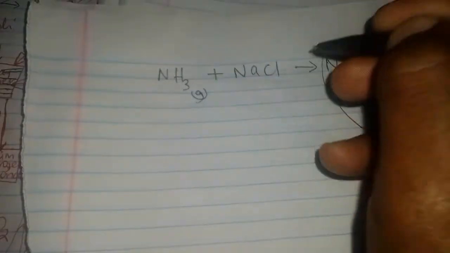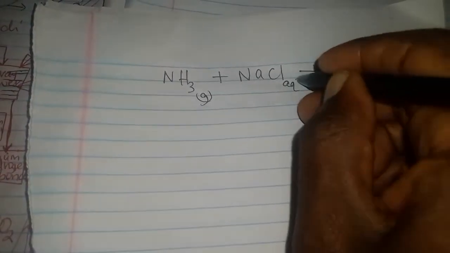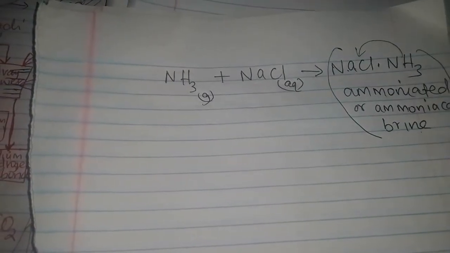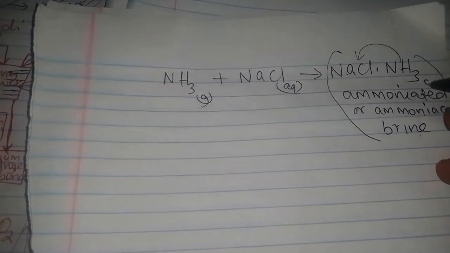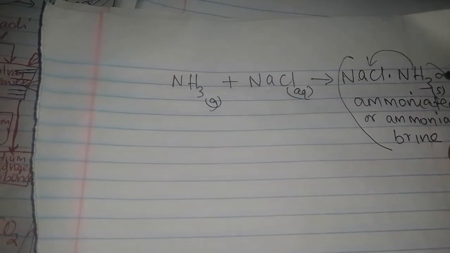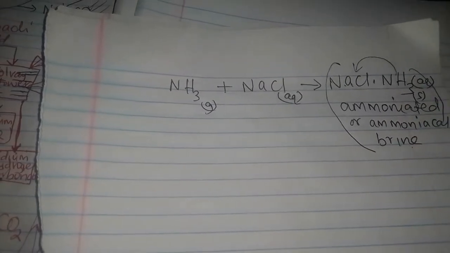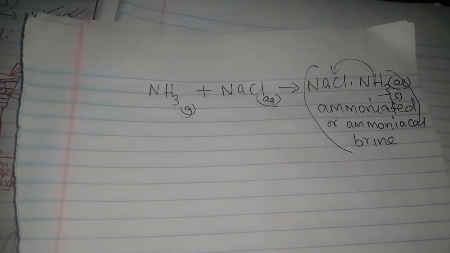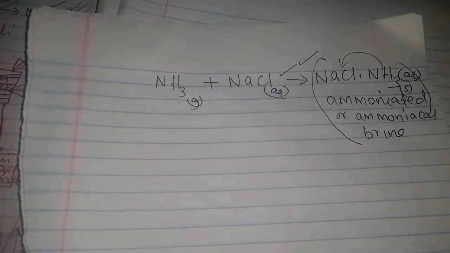Of course, the ammonia is a gas. The sodium chloride can be aqueous, and this is a complex compound, actually an aqueous solution, for that matter. Okay, that is the first thing you're supposed to take note of.